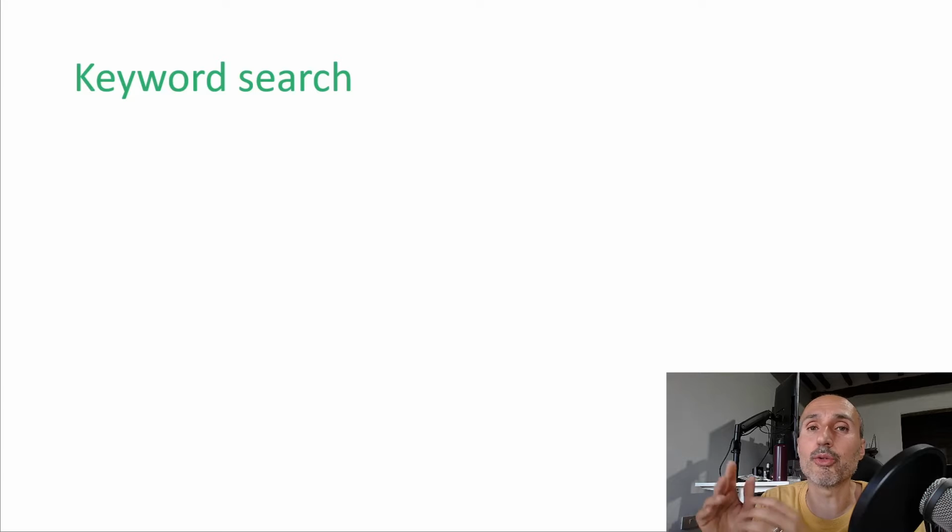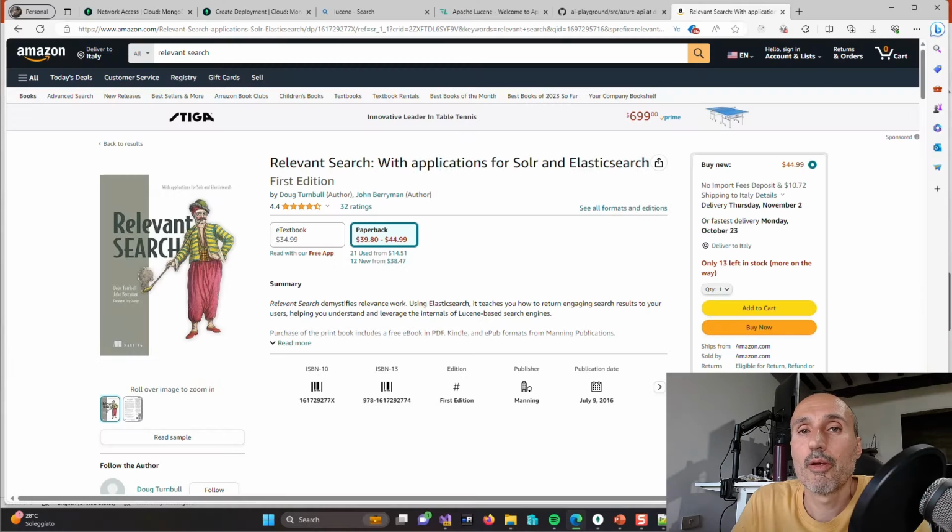So before trying this new vector stuff made possible by a language model, let's stick to what we already had before artificial intelligence and before large language models, because I assure you that it's enough for many situations and you need to master keyword search before going into more advanced topics like vector search.